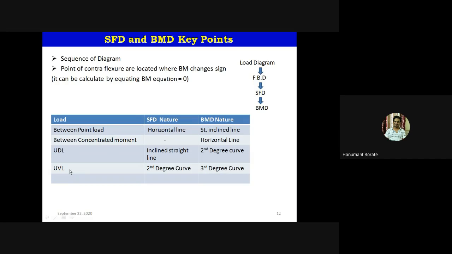Then third one is if load is a UVL, for the UVL span we need to draw a second degree curve for the SF diagram and third degree curve for the bending moment diagram. Okay, there is a logical reason, there is a derivation for this second degree and third degree nature of SF and bending moment. Okay, we'll see while solving the derivation or during the problem.